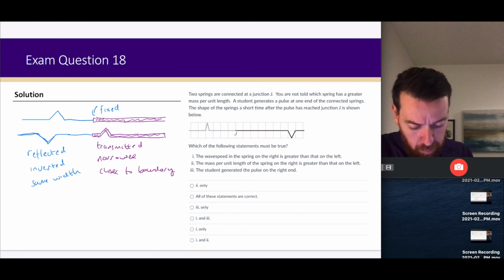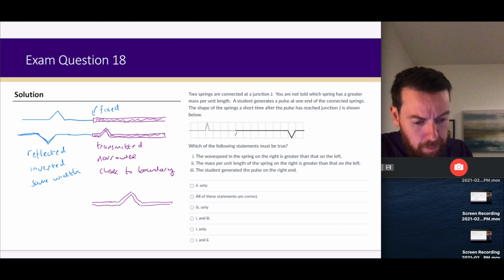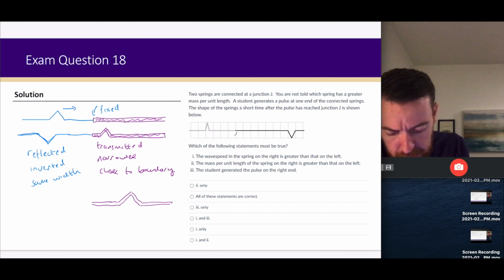Suppose that we reverse this and we send in a pulse on the heavy chain. Maybe I should add a little bit of detail here. This is the incident. I'll use R for reflected and T for transmitted.